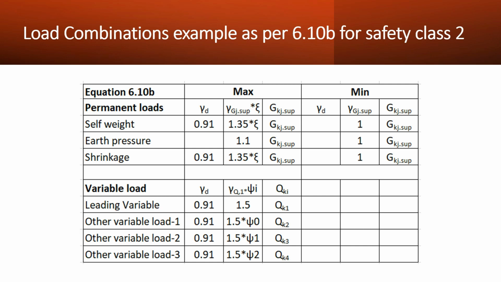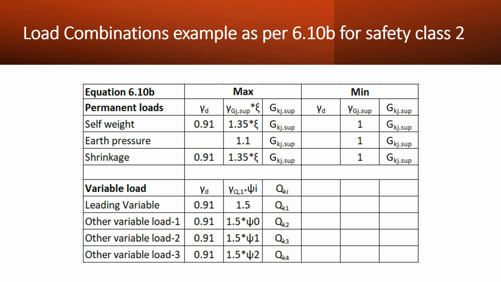We don't know which case can be the worst, so we have to check both cases. As per experience, generally the 6.10b case is the worst, but we have to check both equations. Then for other variable loads, the same 1.5, multiplied by the reduction factor psi 0. Variable load 2 is multiplied by the reduction factor psi 1, and variable load 3 by the reduction factor psi 2, right?